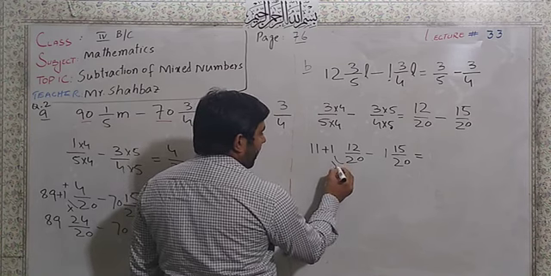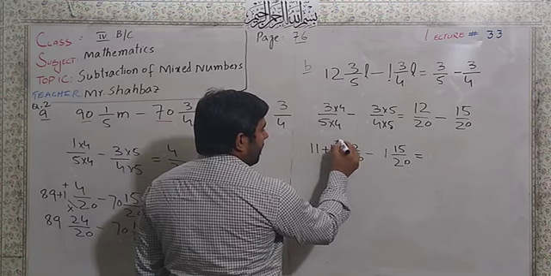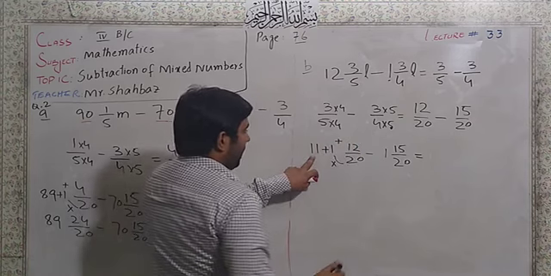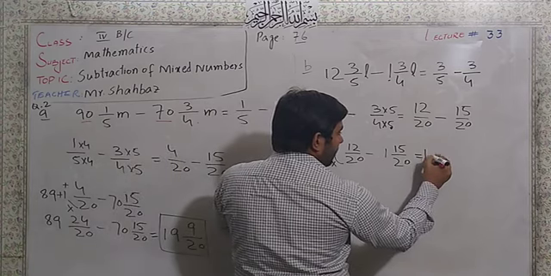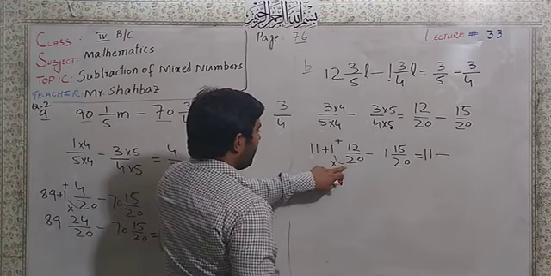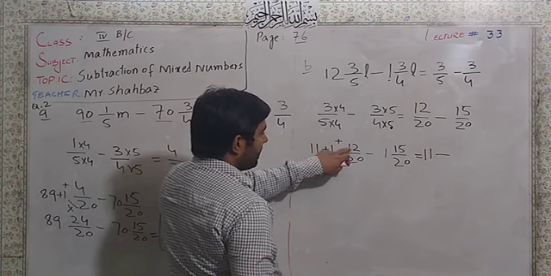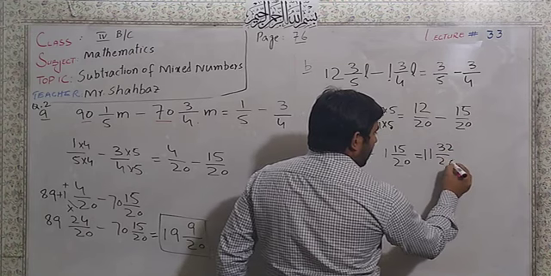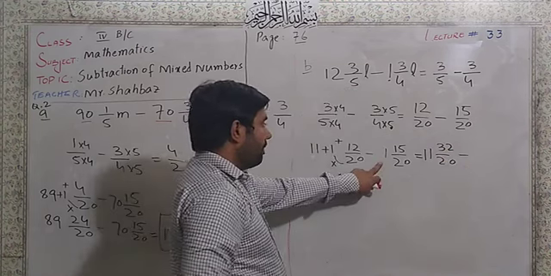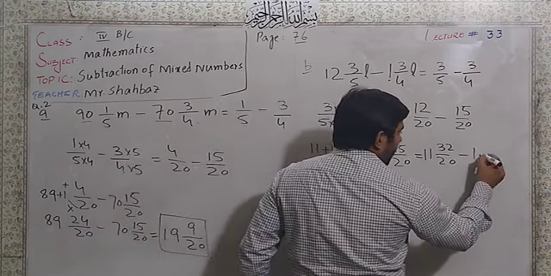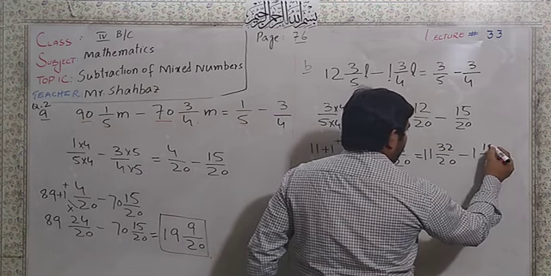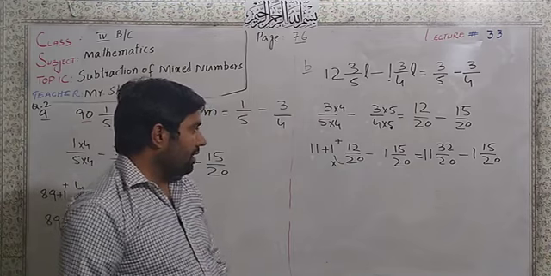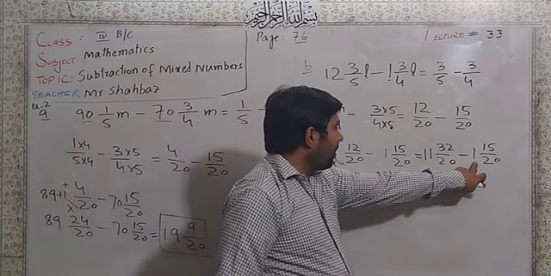Means this multiply with this and the answer will be added with this number. Whole number as it is. 20 ones are 20 plus 12 will be 32 over 20 minus this will be as it is 1, 15 over 20. Now we can subtract easily whole number from whole number.